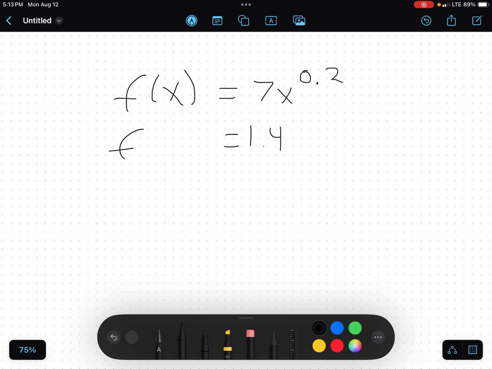So f prime of x is equal to 1.4 x, and then 0.2 minus 1 is negative 0.8. So 1.4 x to the negative 0.8. Might not make a ton of sense to you, that final answer, but it's correct. And that's why these are so easy to do.